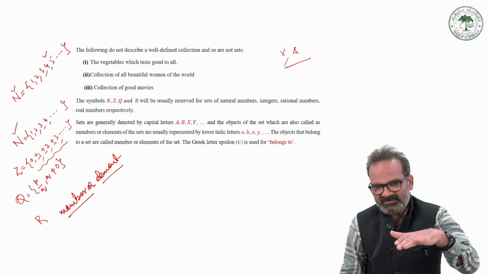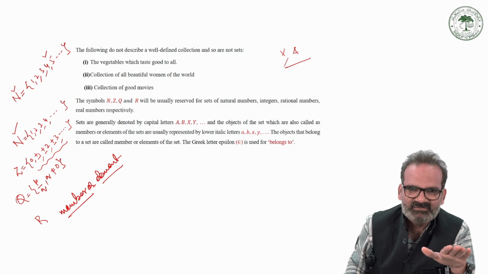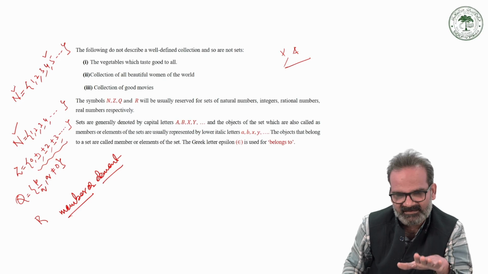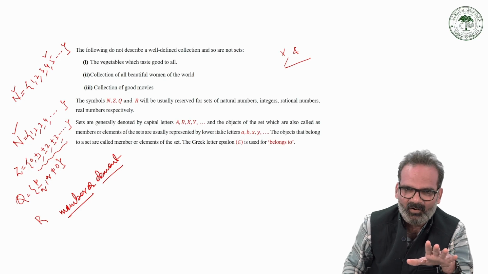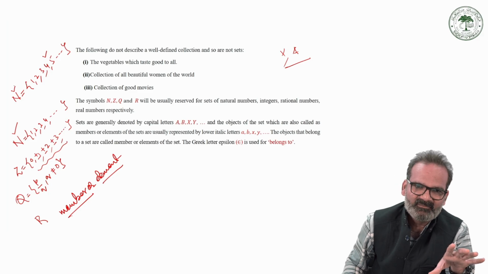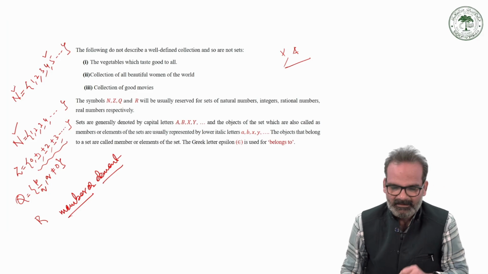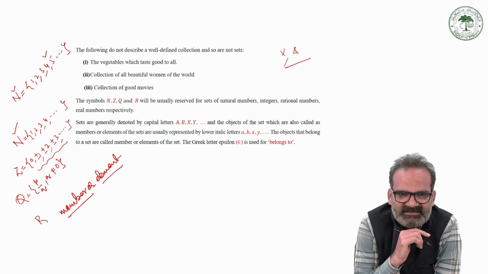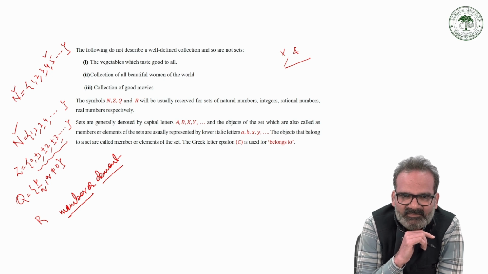So throughout this slide, I will not use the word object, because we use the word object only until the collection becomes a set. Once the collection of objects becomes a set, the objects are treated as members or elements, right? So the objects that belong to a set are called members or elements of the set.